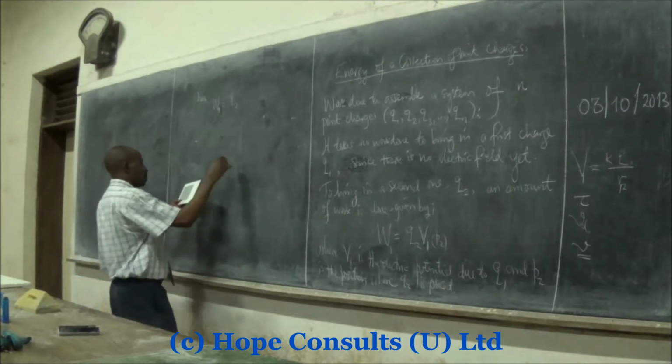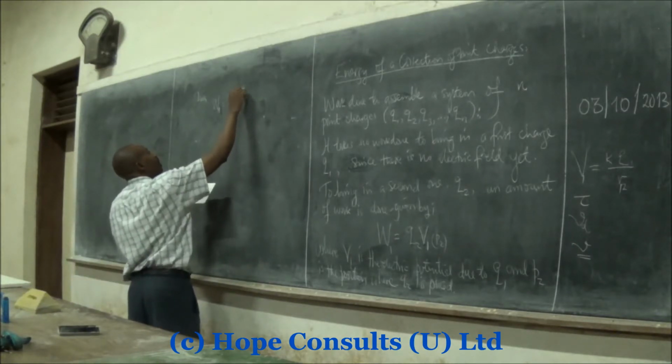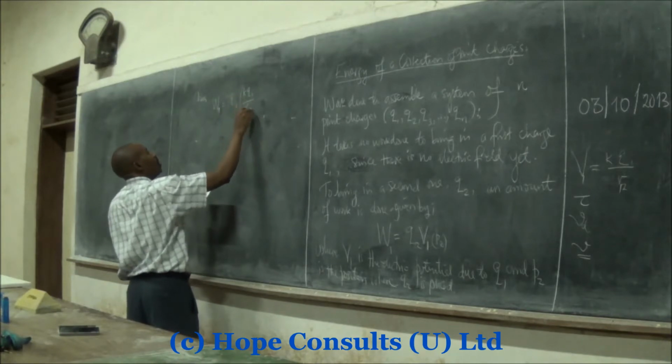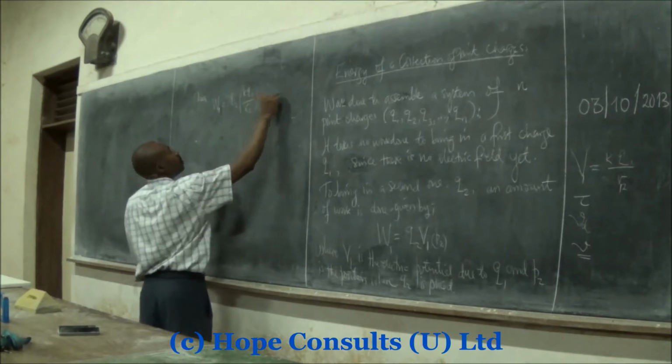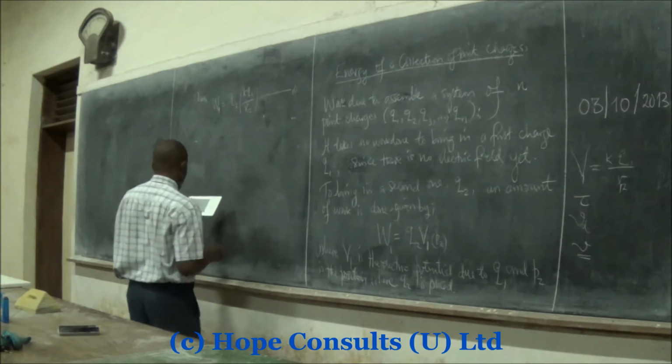So we will have this as being K Q1 over R12, and let's call this one equation 1.